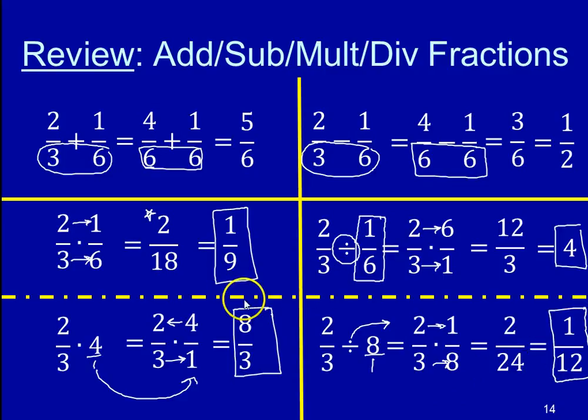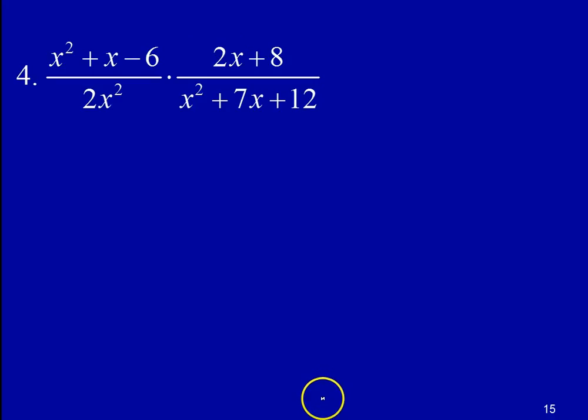Now, we're going to take these two concepts and apply them to polynomials. So now we're going to have x's, but it's the exact same process. In my first example, I need to factor this and cancel. Do I care that this is multiplication? No, because what do we say about multiplication? You multiply straight across. So I don't care that this is multiplication. I'm not switching where anything is.